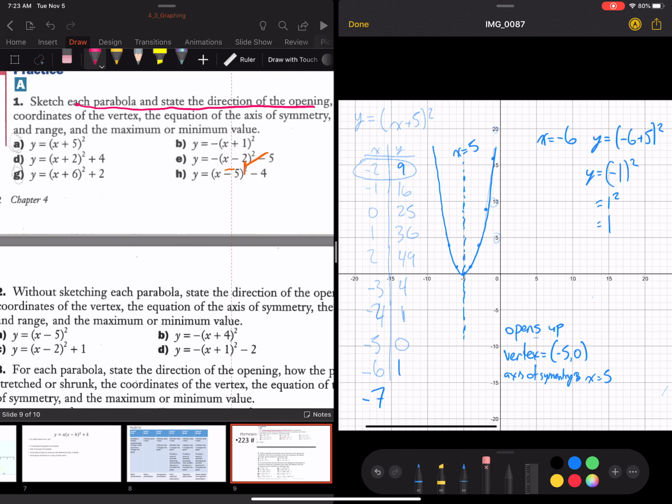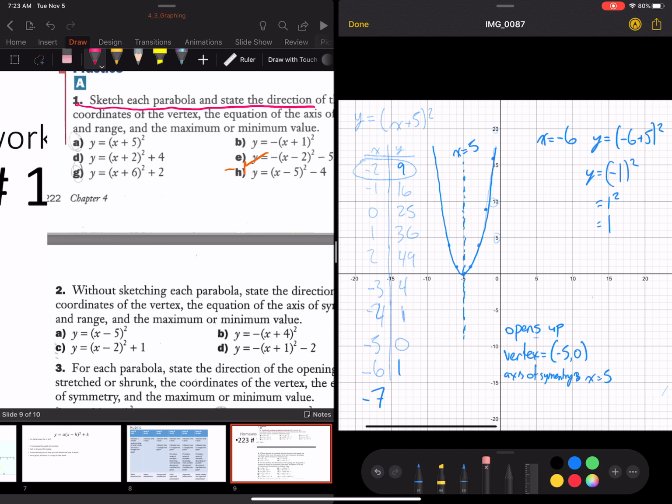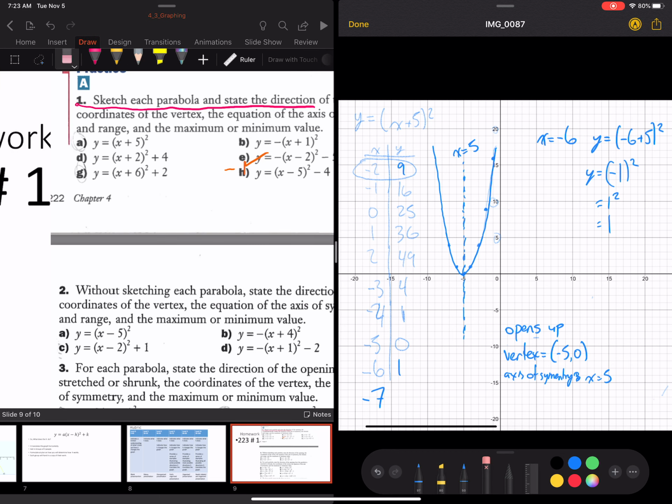What's next? The domain and range. The domain equals all real numbers. The range is all real numbers such that, I don't have any range south of 0. y is greater than or equal to 0.